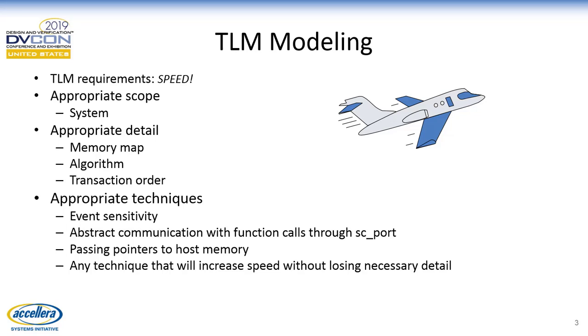As an HLS guy, I look at this and I think, man, these guys are cheating. They are cheating every way they can to get high simulation speed. And for their purpose, to have the appropriate level of detail, the algorithm is correct, the memory map is correct, the transaction order is correct, yeah, you can remove a lot of levels of detail.